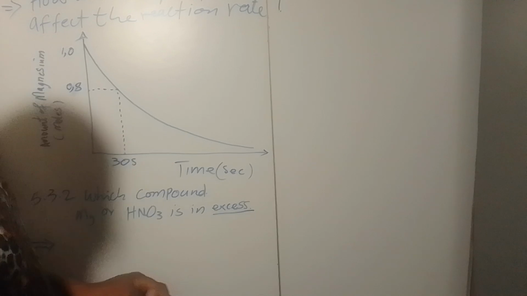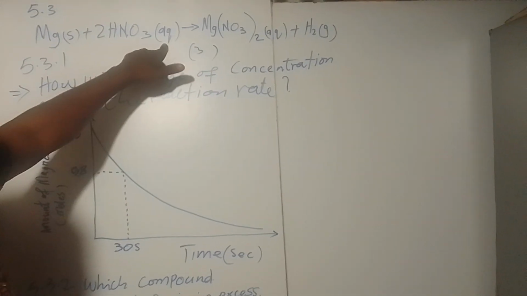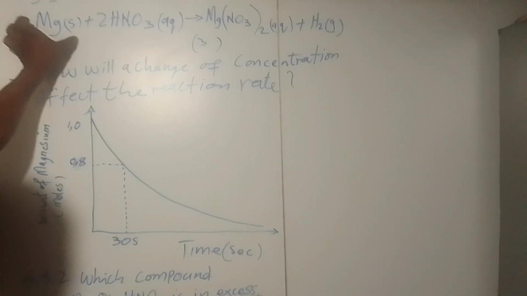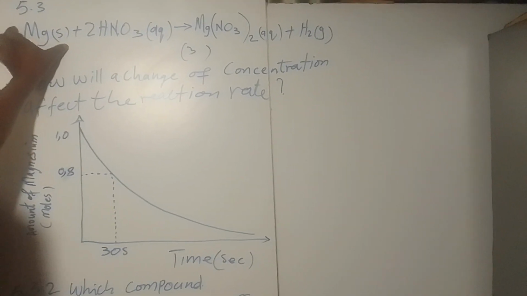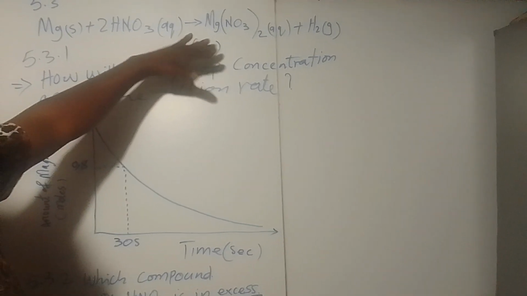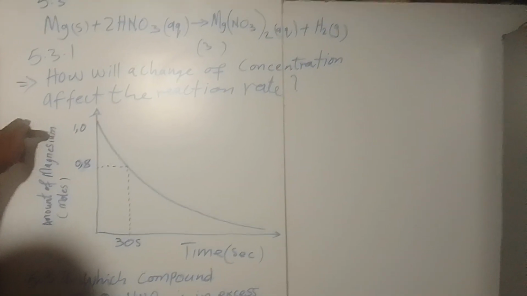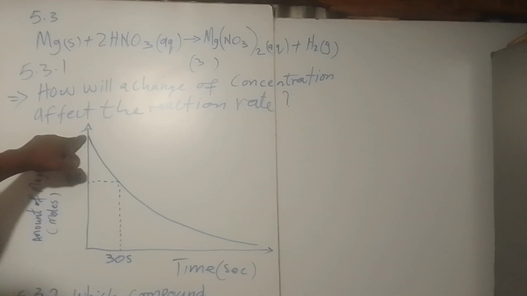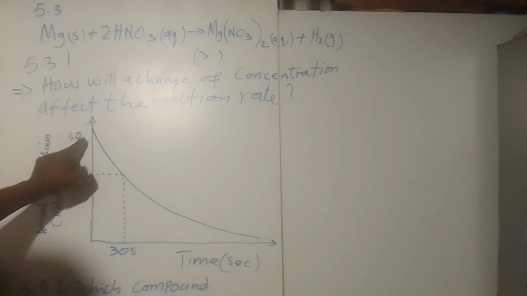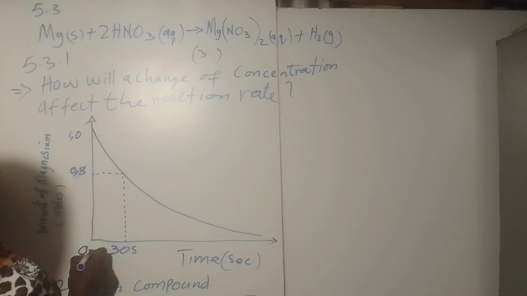You check your equation. This equation happens if you dip a solid strip of magnesium inside the nitric acid. As time goes by, you will see that the amount of magnesium was at 1 mole at 0 seconds.